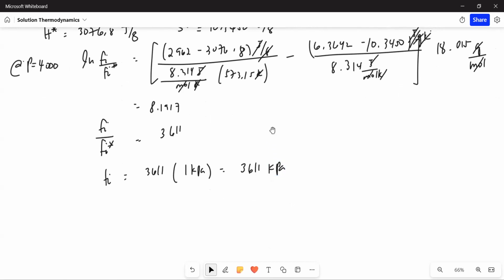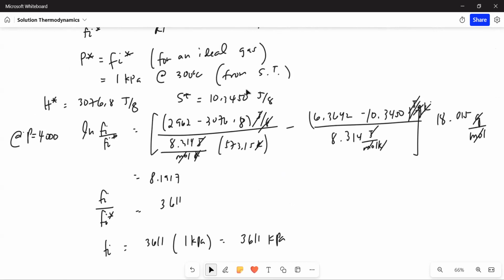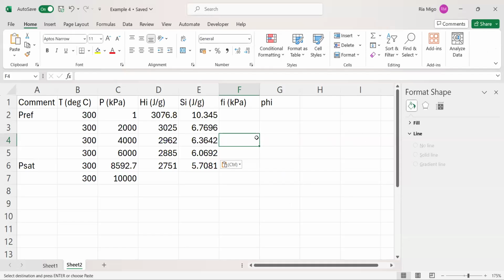By first writing those values to our Excel sheet.